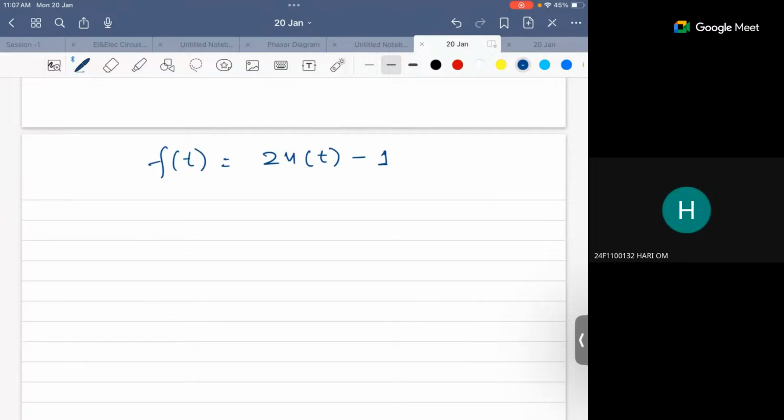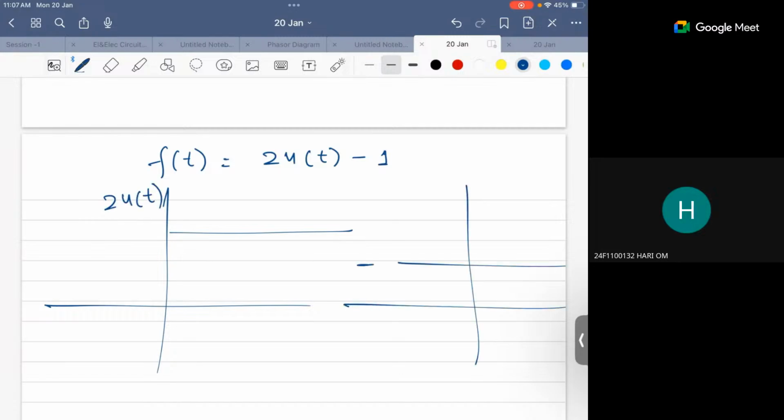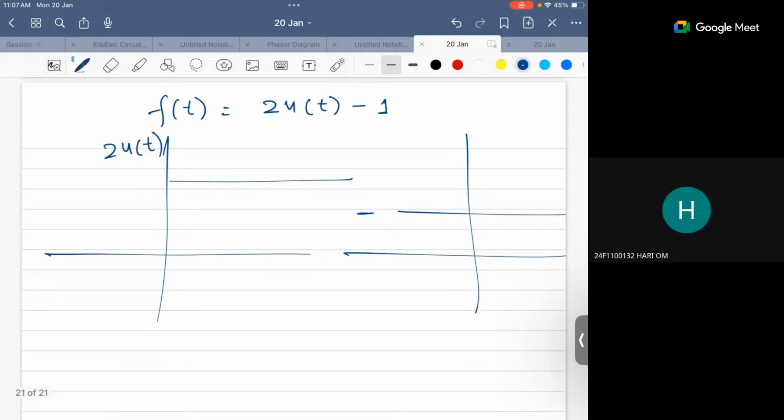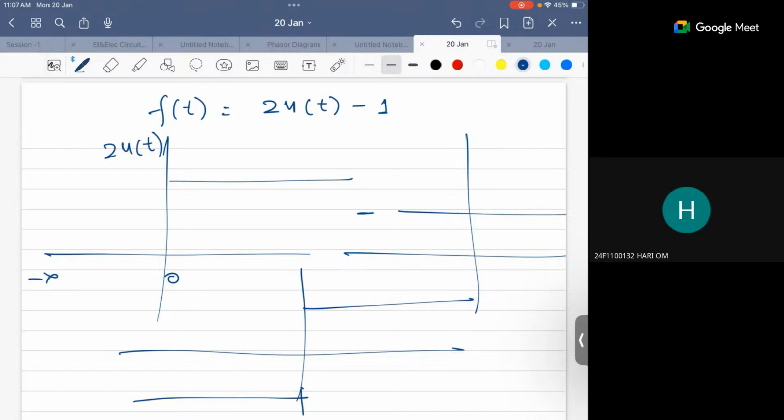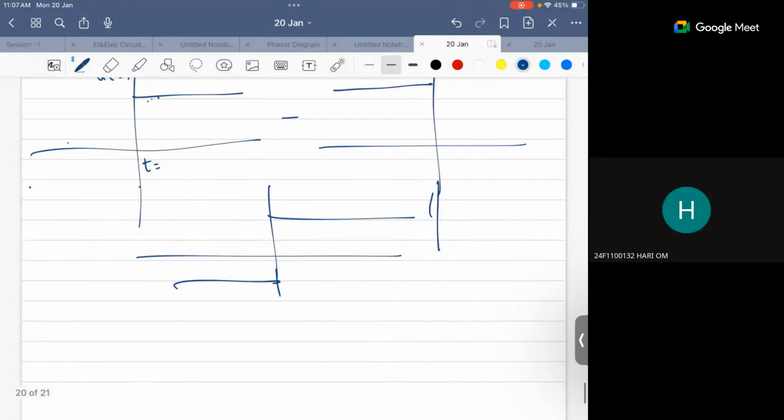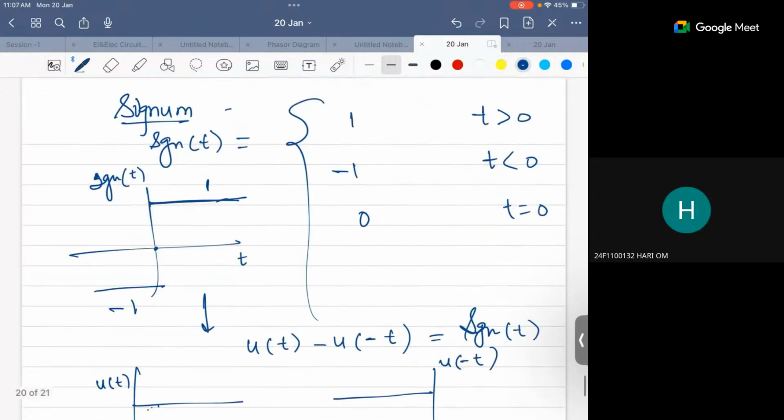Correct, it is 2 of u(t) minus 1. From minus infinity to 0, 0 minus 1, so it is minus 1. From t equals 0 to infinity, 2 minus 1, so it is 1. Correct? So this is also the signum function. You can represent it in other ways also. So this is what the signum function is.